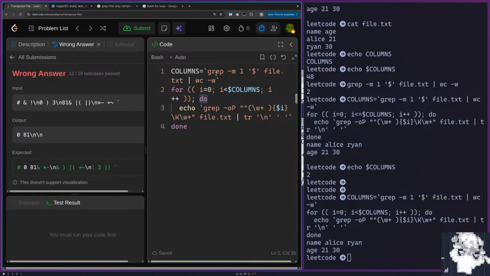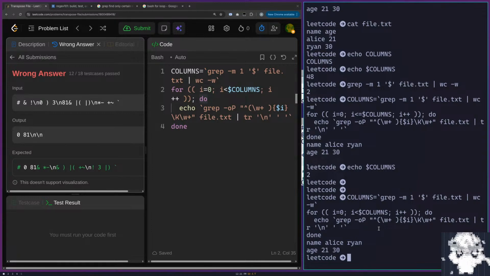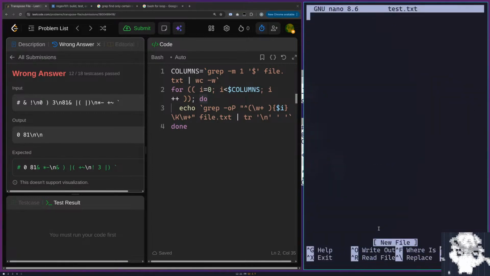So I need to change my definition. I wonder if I even have the right columns. So let's say that nanotest.txt is this.